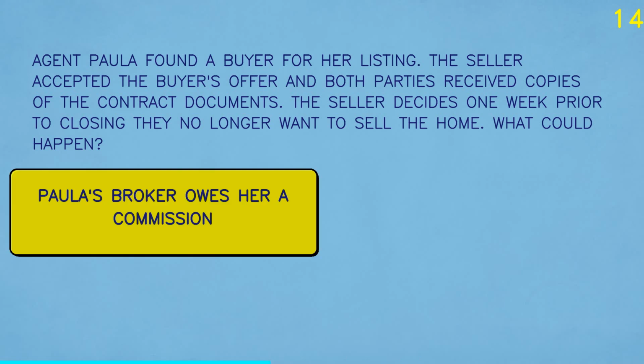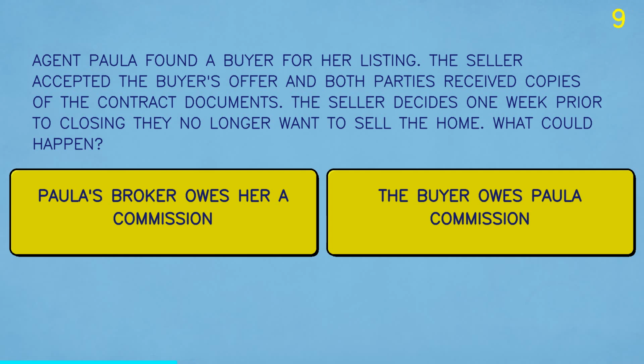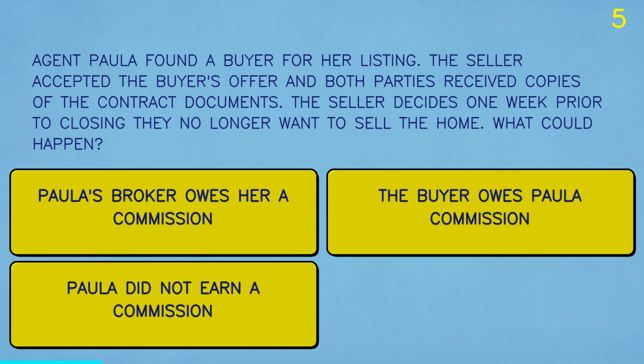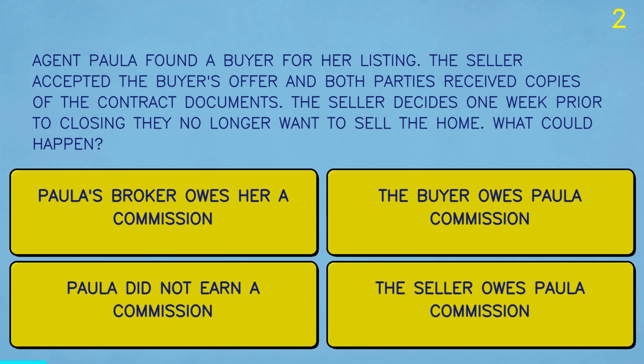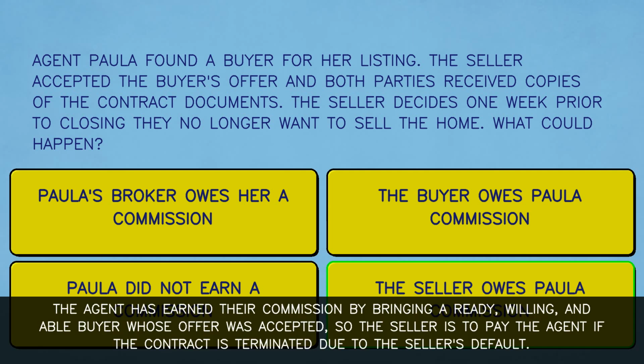A. Paula's broker owes her a commission, B. The buyer owes Paula commission, C. Paula did not earn a commission, D. The seller owes Paula commission. The correct answer is the seller owes Paula commission. The agent has earned their commission by bringing a ready, willing, and able buyer whose offer was accepted. So the seller is to pay the agent if the contract is terminated due to the seller's default.